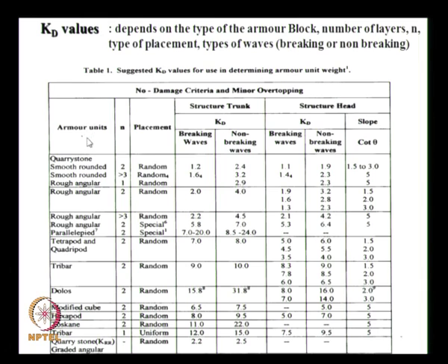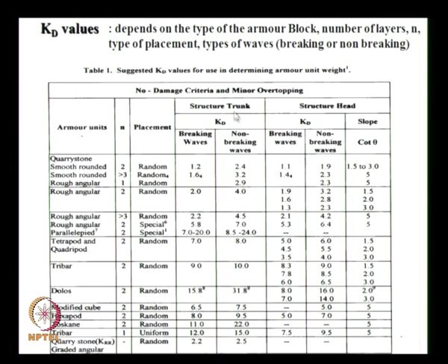This first column gives the type of armour units, whether it is a quarry stone, whether it is a tetrapod, whether it is a dolas, and whether the placement is random placement or special placement. Then the structure trunk, structure head. You know what is trunk and head, I have shown the figure. Head is at the nose of the breakwater, trunk is at any section.